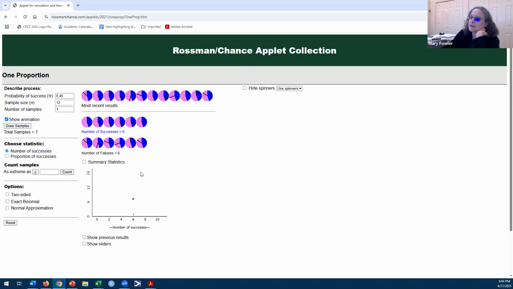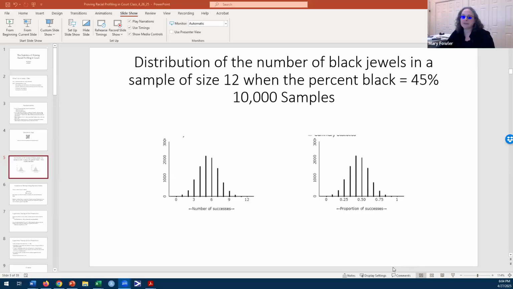You can see we get 6 in this sample, and we could do it again and again. But we can also just put in 10,000 here, and we'll get a simulation of size 10,000. This is the number of successes along the horizontal axis, but we could also transform that to the proportion of successes. These are the graphs that I got from the Rossmann-Chance applet.